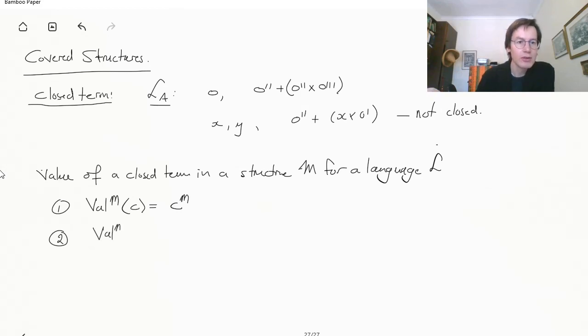So the value in M of a closed term of this form, f, suppose f is an n-place function symbol, so it takes arguments t1 to tn, where they are now all closed terms, then this is simply, well, take the function interpreting f in the structure, the actual function interpreting this function symbol, and apply it to the values in M of the arguments.